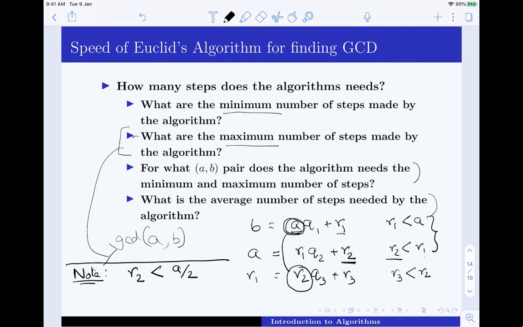That means every time it goes down by a factor of 2, and all these numbers are bigger than 1, of course. So the maximum number of steps is less than 2 times log of A plus 1.